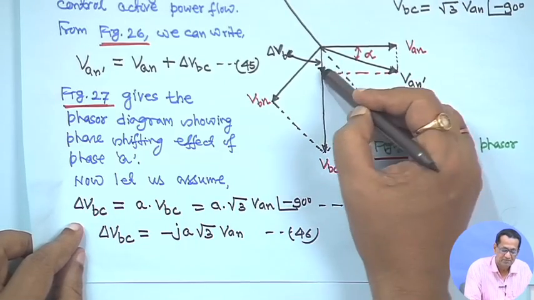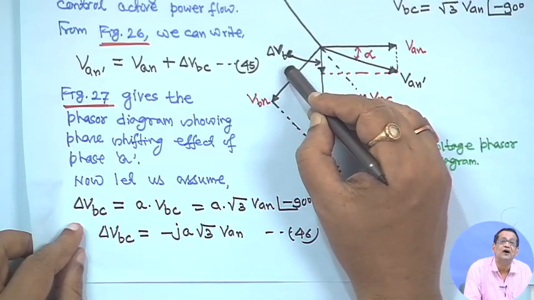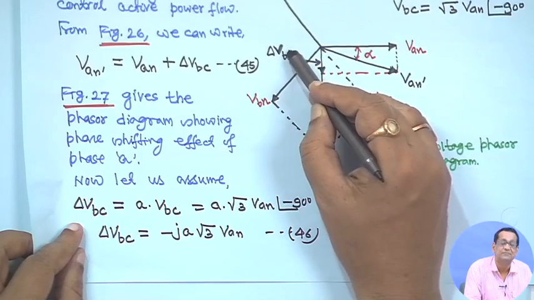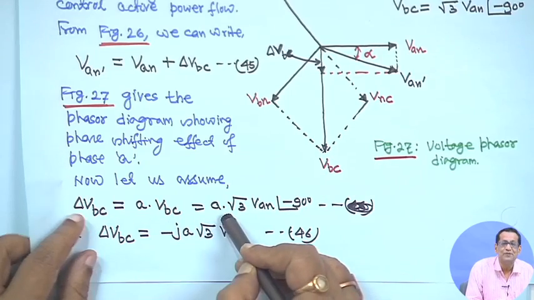Total is Vbc, but this delta Vbc is actually from here to here. So delta Vbc is equal to A into Vbc, where A is some fraction.